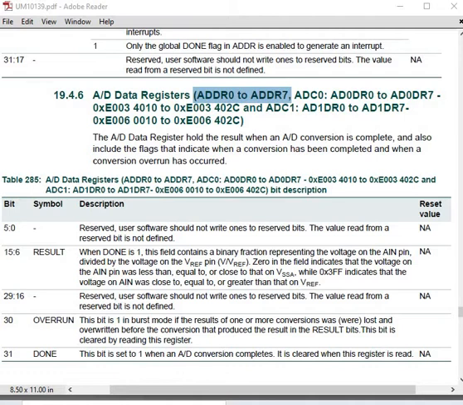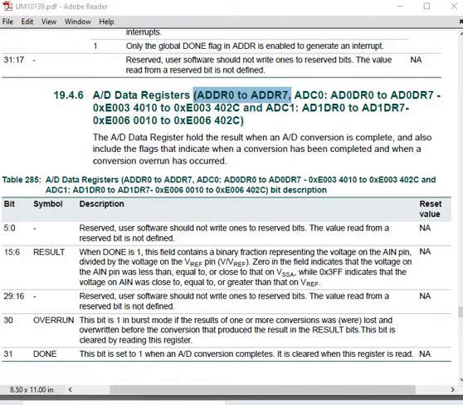If we select burst mode, the A to D converter accesses a number of channels of the ADC, and it converts continuously the analog data which is sent on the different channels. So in burst mode, this overrun bit is used if the results of one or more conversions were lost.